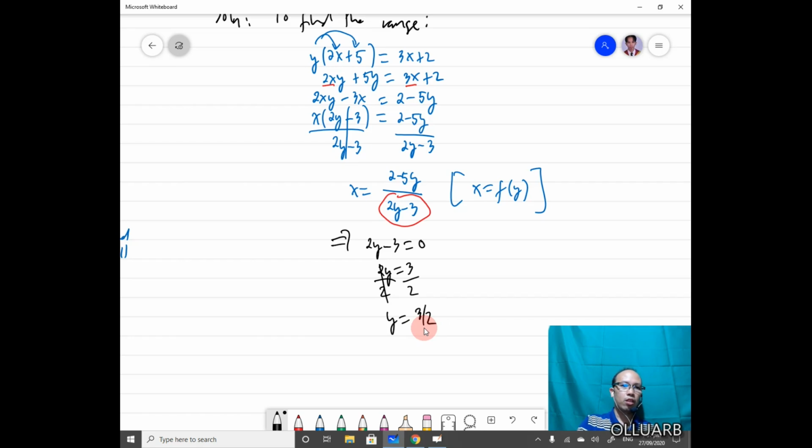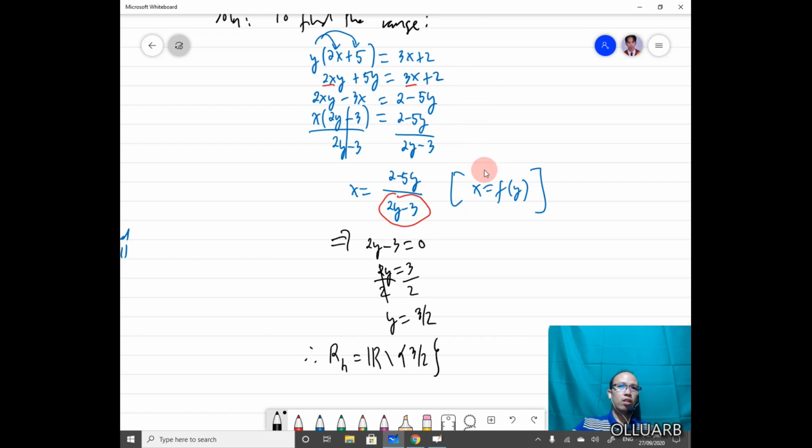So therefore the range is the set of all real numbers except 3 over 2. Okay, that's the range.